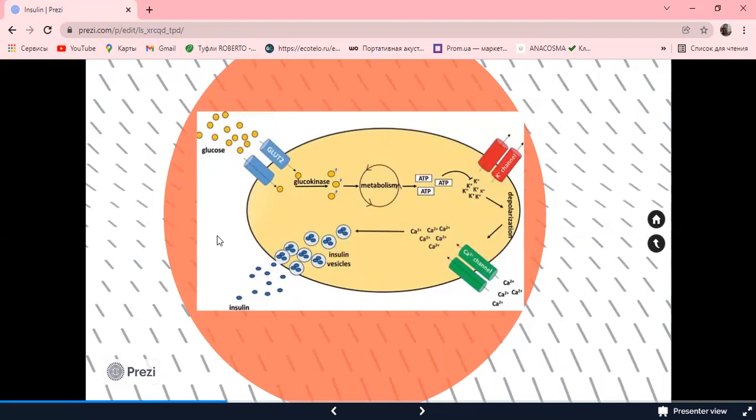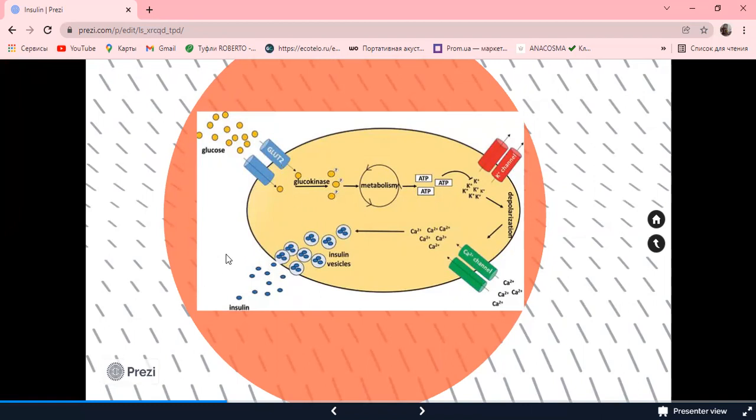GluT4 proteins are located in the cell membrane of insulin-dependent tissues. Here we can see that for transport of glucose into beta cells, there are special proteins called GluT2.